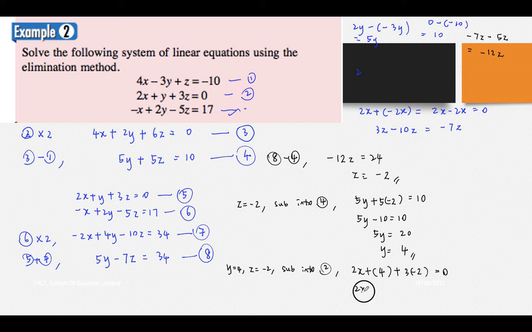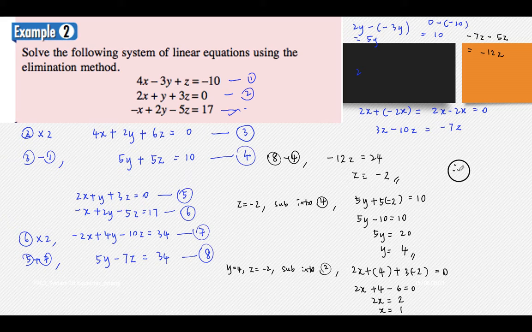So now 2x plus 4 minus 6. Okay, tak apa saya buat lah. Plus minus minus 3 to 6 sama dengan kosong. 2x plus 4 minus 6 become minus 2, right? Minus 2. Pergi sana akan jadi positive 2. So x equals to 1. Alright?